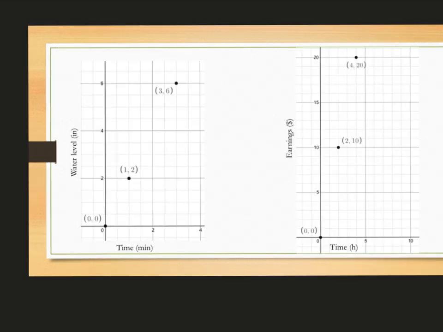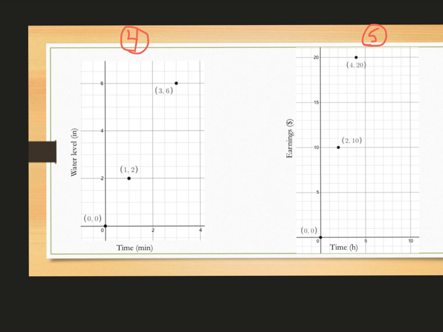Now on this one, I just want you to look at the graph. So let's say this is 4 and this is 5. We can tell they're linear by the way the graphs are. Now, you can tell by looking that they're proportional. And how do you know just by looking at the graph if they're proportional?